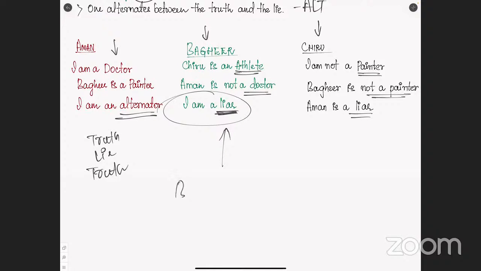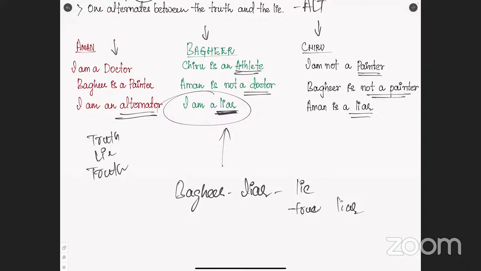Once again, if Baghir is saying I am a liar, and this statement is a lie, then he is definitely not a liar. But if it is true, then he is once again not a liar.